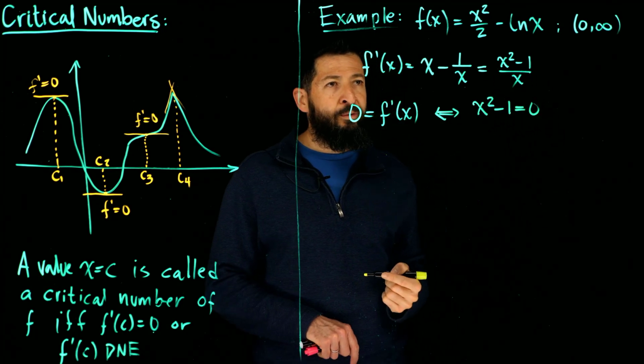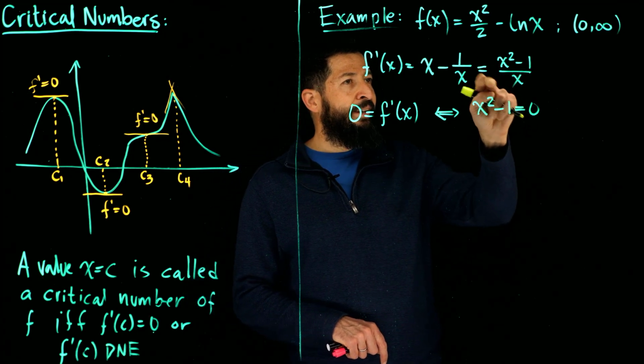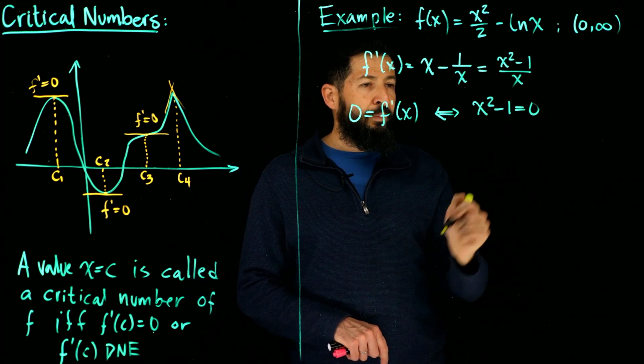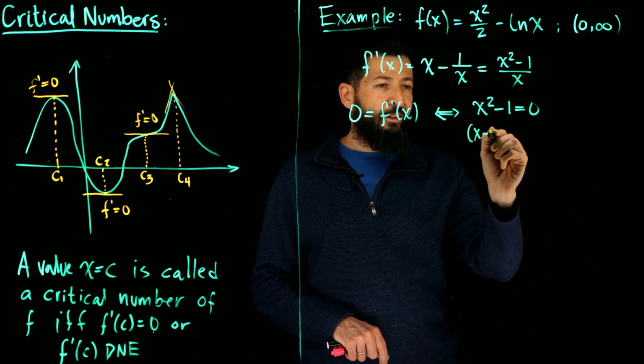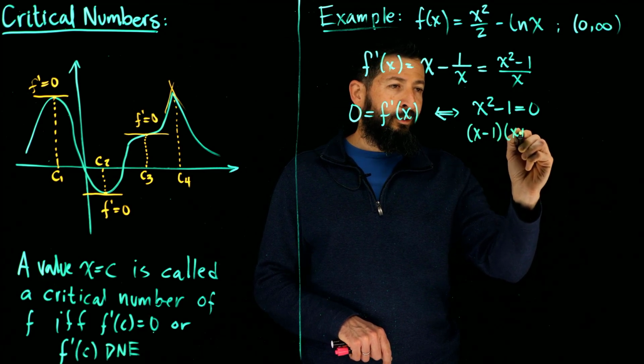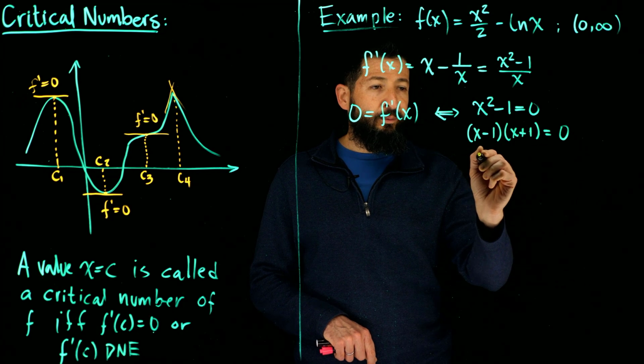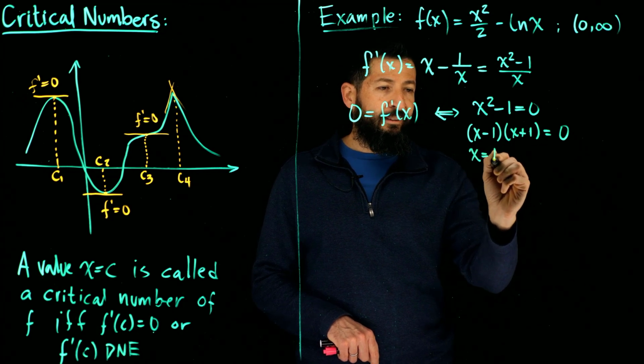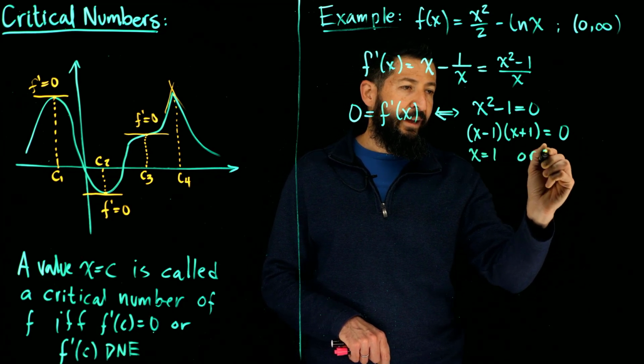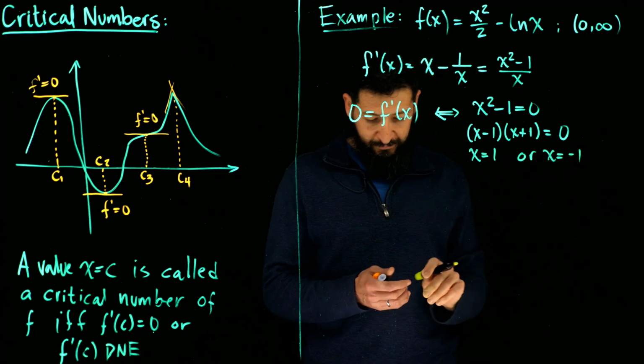The derivative is 0 if and only if the numerator becomes 0. And this one is true whenever (x minus 1)(x plus 1) is equal to 0, from where I get two possible numbers, x equals 1 or x equals negative 1.